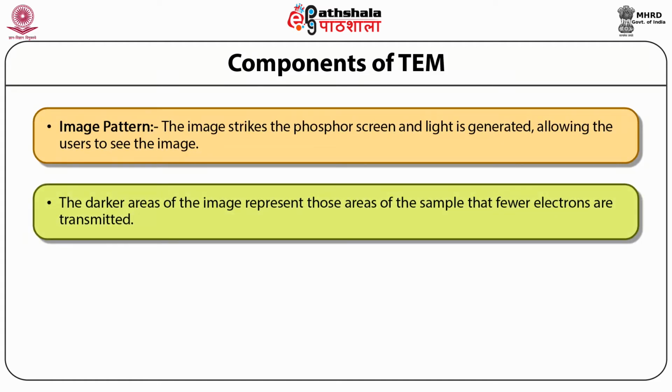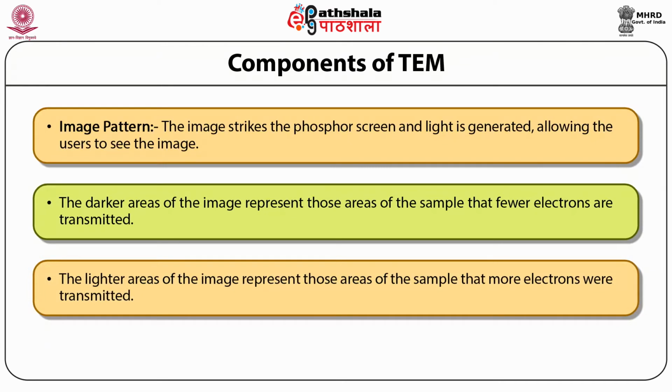The darker areas of the image represent those areas of the sample that favor fewer electrons being transmitted. The lighter areas of the image represent those areas of the sample where more electrons were transmitted.